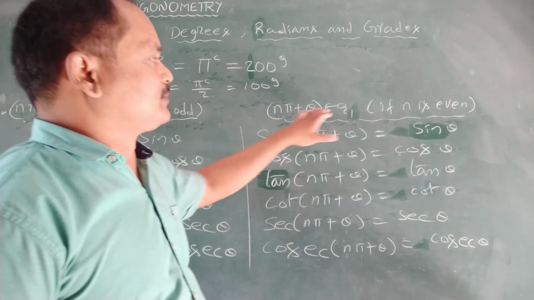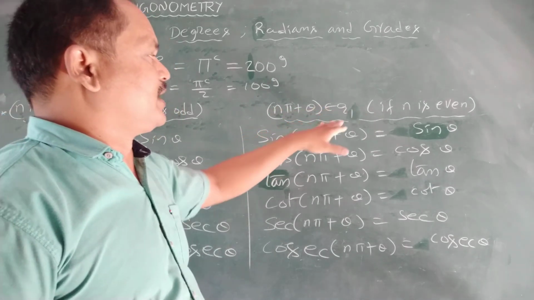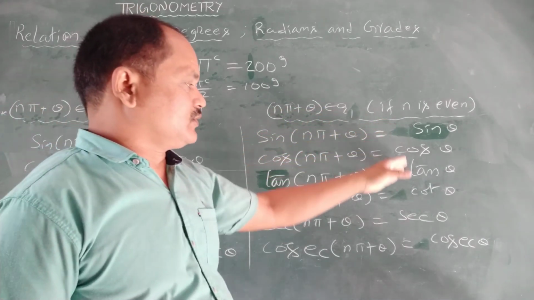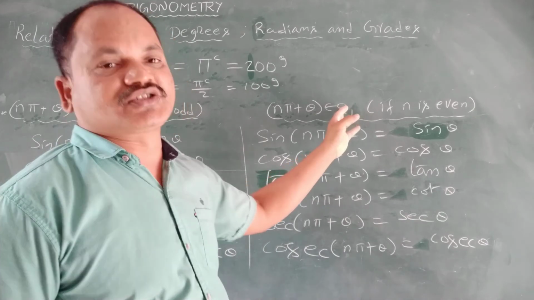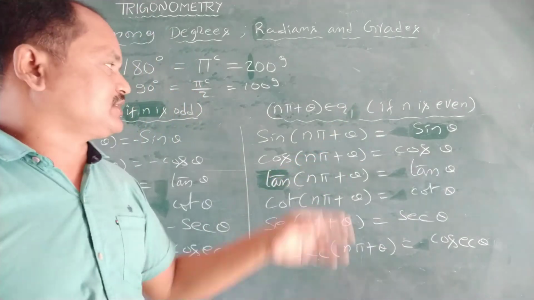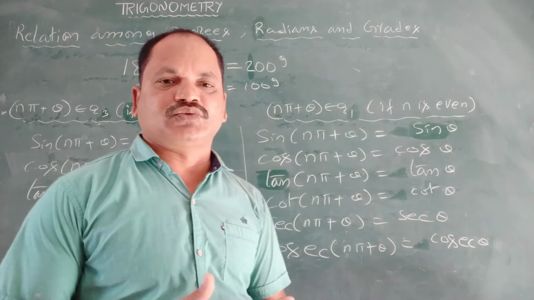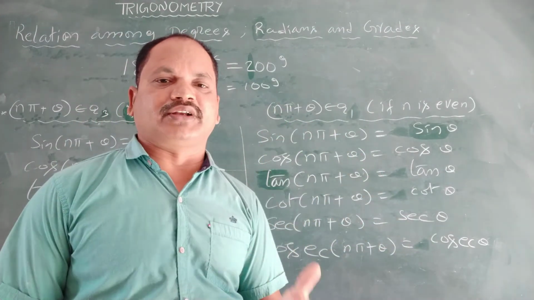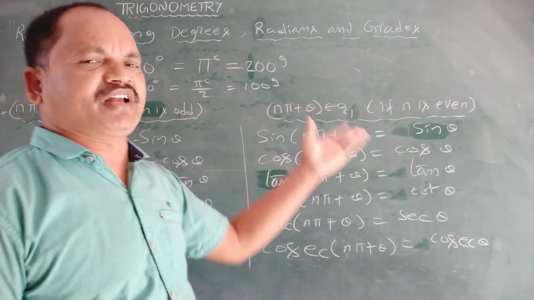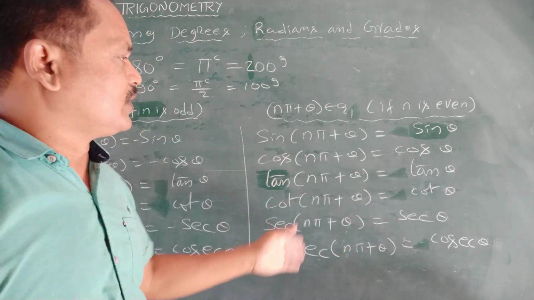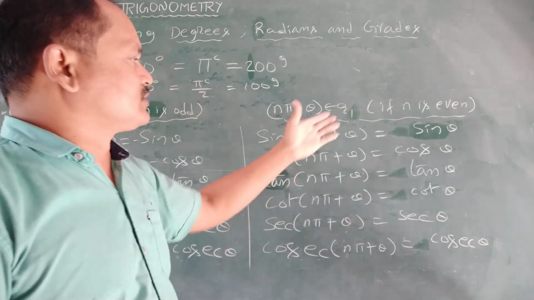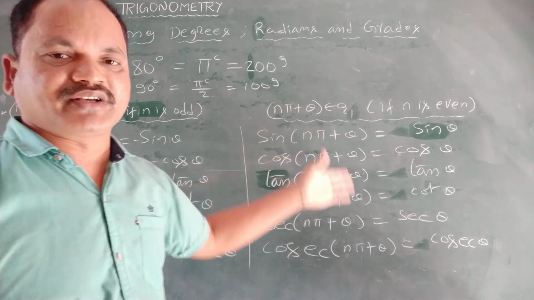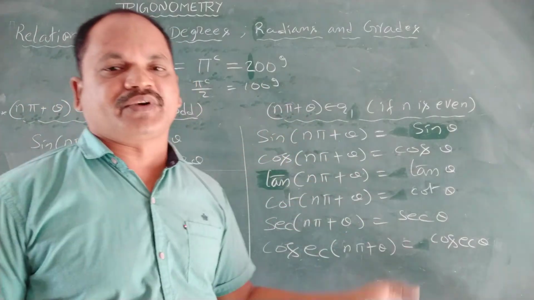Now even multiples of pi plus theta belong to the first quadrant. Any even number is taken as 2, so 2 into 180 means 360 plus theta belongs to the first quadrant. In Q1, all are positive. It gives the same functions. In case of 180, the same functions will be there.